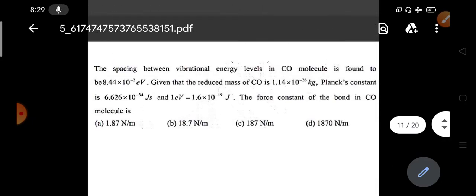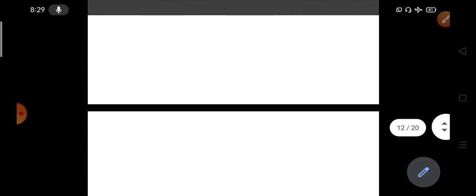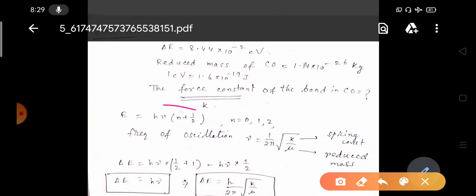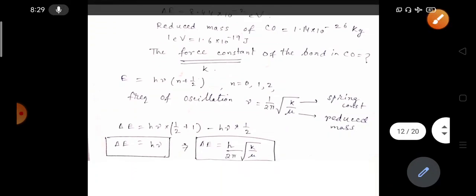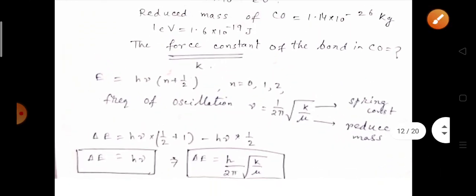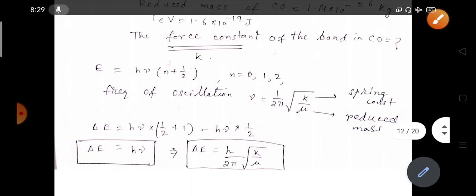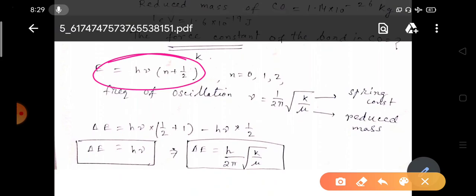So here we have to find the force constant of the bond in the CO molecule. First, from the data, we calculate the vibrational energy level difference, delta E. Now E equals h nu into (n plus half), so n equals 0, 1, 2.